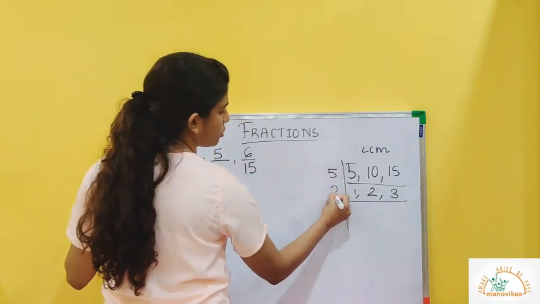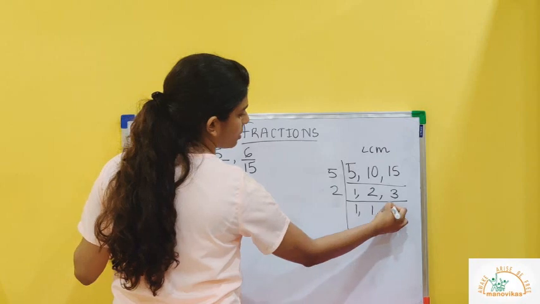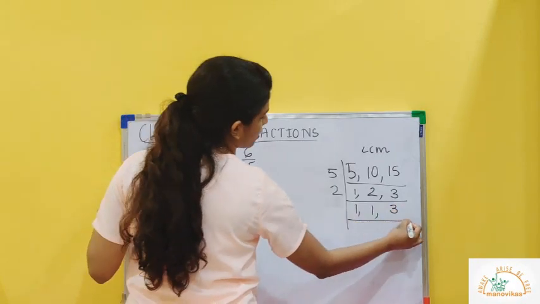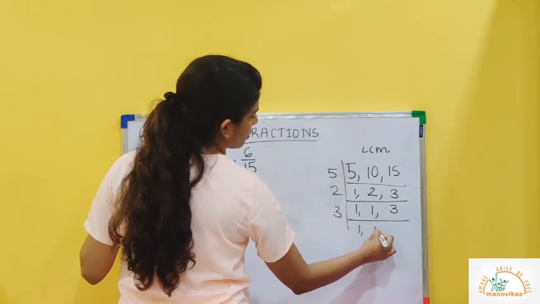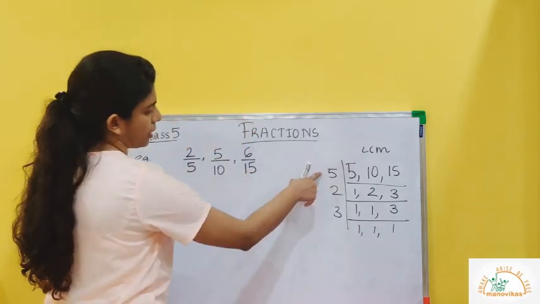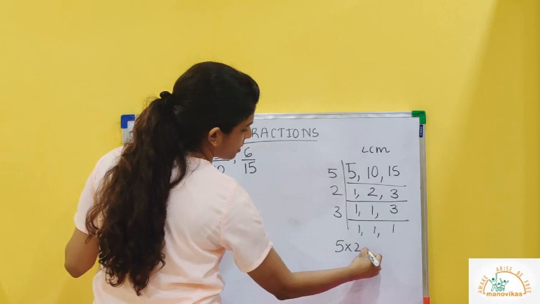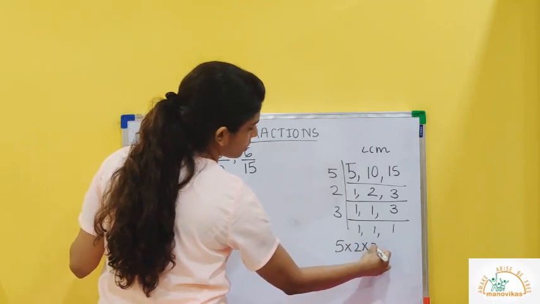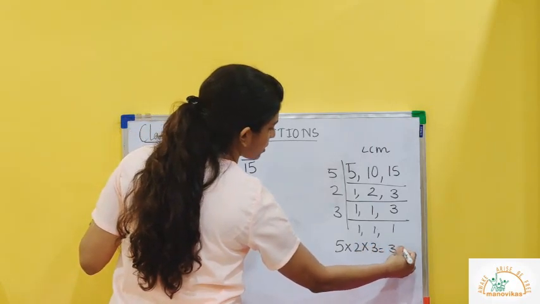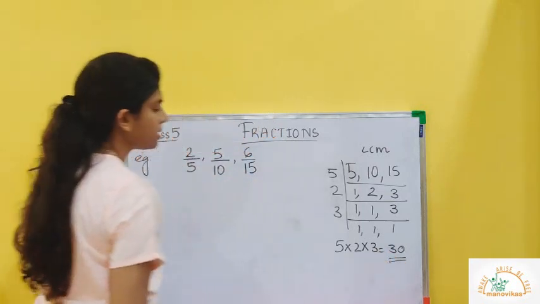So I have 2 here, 2 1s are 2, bring down 3 and 3 1s are 3. Then you multiply all these numbers. 5 into 2 is equal to 10 into 3 is equal to 30. So the LCM here is 30.